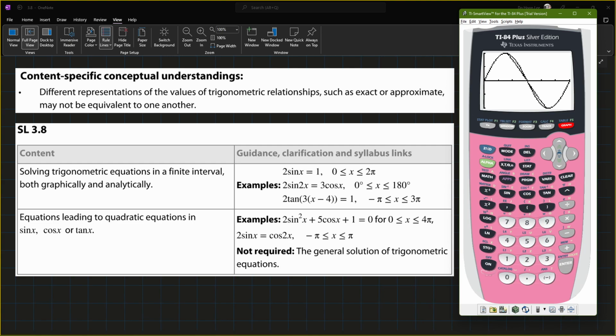This is a lot easier to see. We can simply do second calculate number 5, which is intersect. Let's look at the intersection points. It seems like there's an intersection point near here.